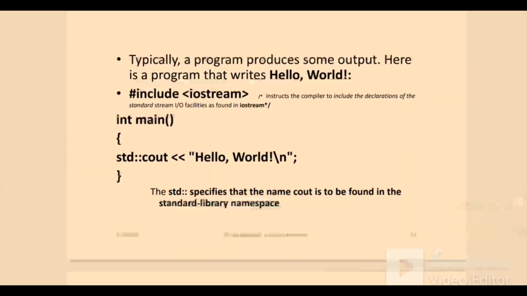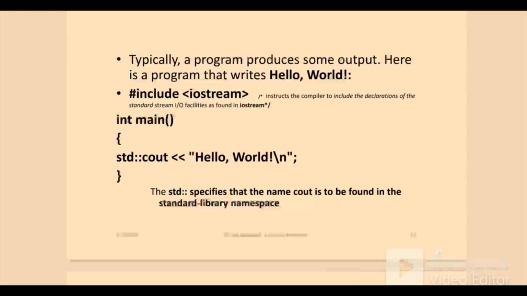So now I am writing a simple hello world type program. See this part, iostream. It is a new feature for handling IO operations. The input output operations are called streams. Streams are an abstraction that refers to data flow.